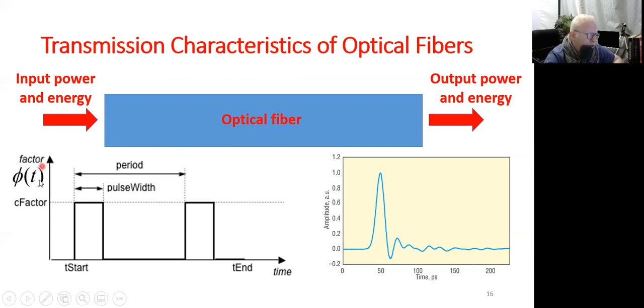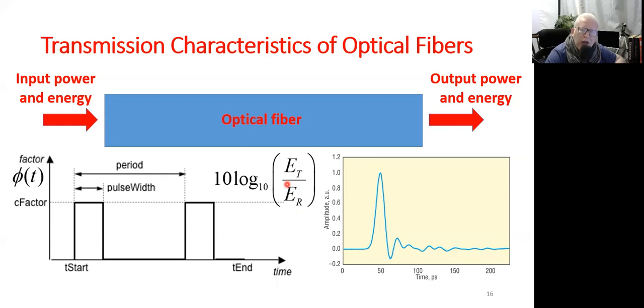As you know, if we consider this axis as the power or the intensity axis, and this as the time axis, the energy is mainly represented as the area under the curve, because energy equals power times time. So the area under this curve represents the energy. If you compare the energy transmitted to the energy received, you will find that the energy received is less than the energy transmitted.